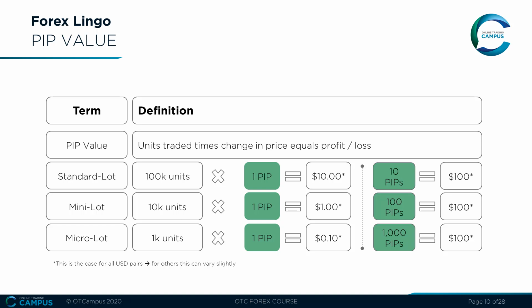Trading one standard lot, every 1 pip price increment on a US dollar quote pair represents $10 of pip value. Trading one mini lot, it represents $1 of pip value. Trading one micro lot, it represents 10 cents of pip value.